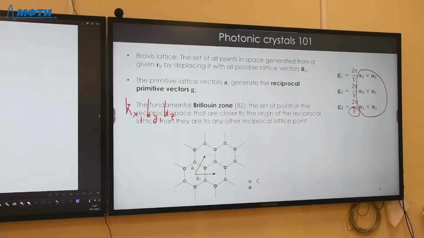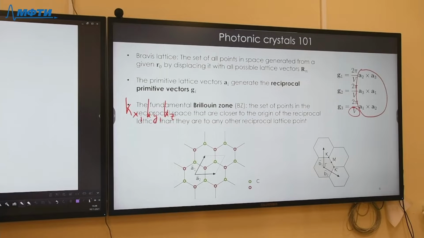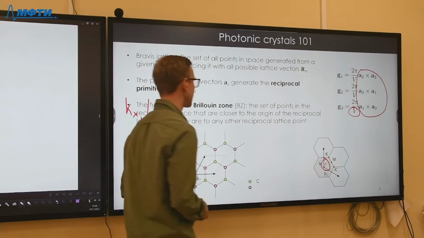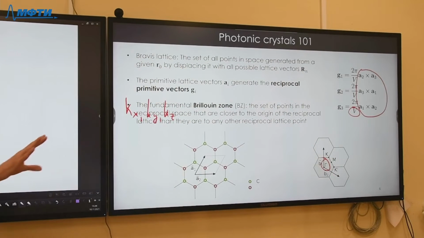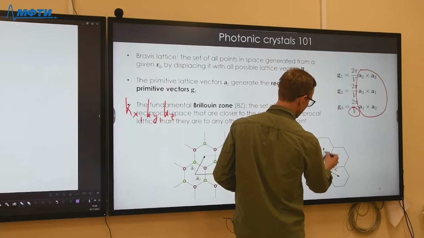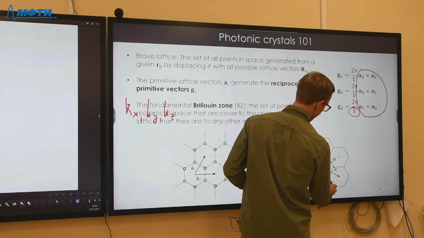The Brillouin zone is the set of all points in the reciprocal space that are closer to the origin of the reciprocal lattice, let's say to the center of the reciprocal lattice, which is usually denoted by the Greek capital gamma, than to any other reciprocal lattice point. So we have a set of gamma points. This one, this one, this one, and so on and so forth.